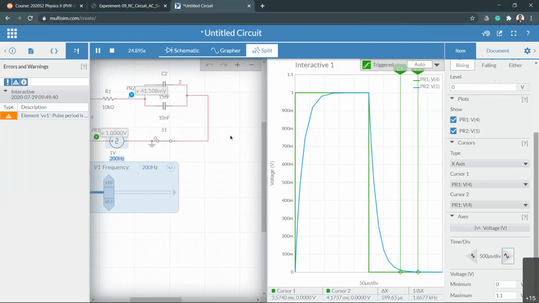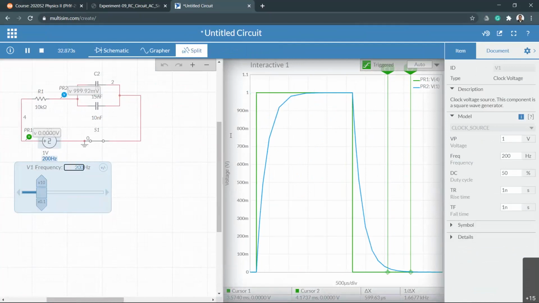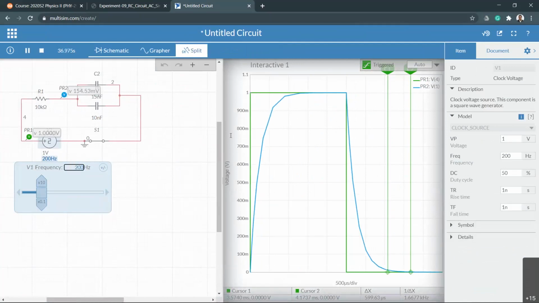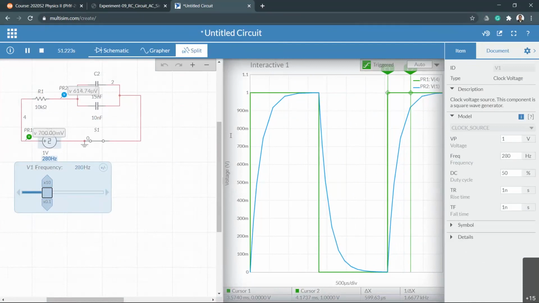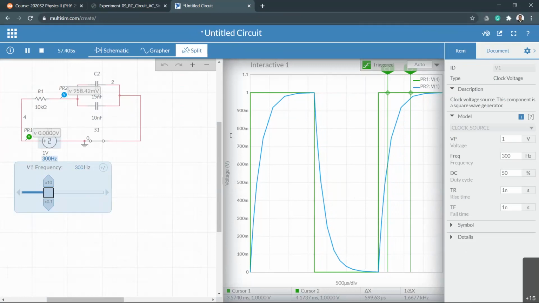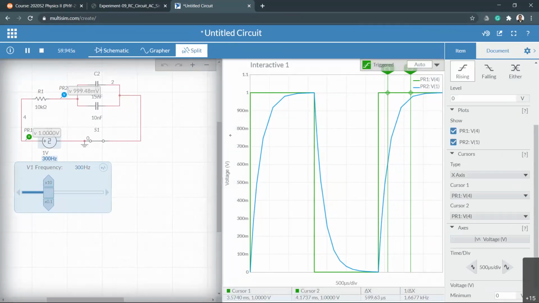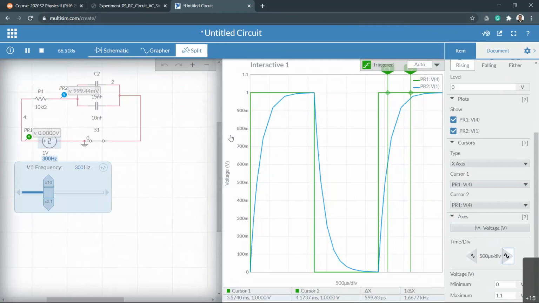So it means I can go a little bit more, do a little bit of fine adjustment, maybe try with 250. Try a little bit more, like 280, maybe 300. Yeah, that looks better. And then you can adjust the time per division to see whether you can see both curves nicely. Okay, now it looks good.